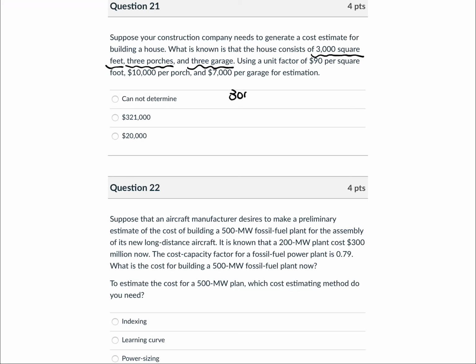So you got 3,000 square feet and you got 90 per square foot. Okay, so that's the cost for the floor plan. Plus, you got 3 porches, and each porch you need to spend 10,000. So that's the cost for porches.